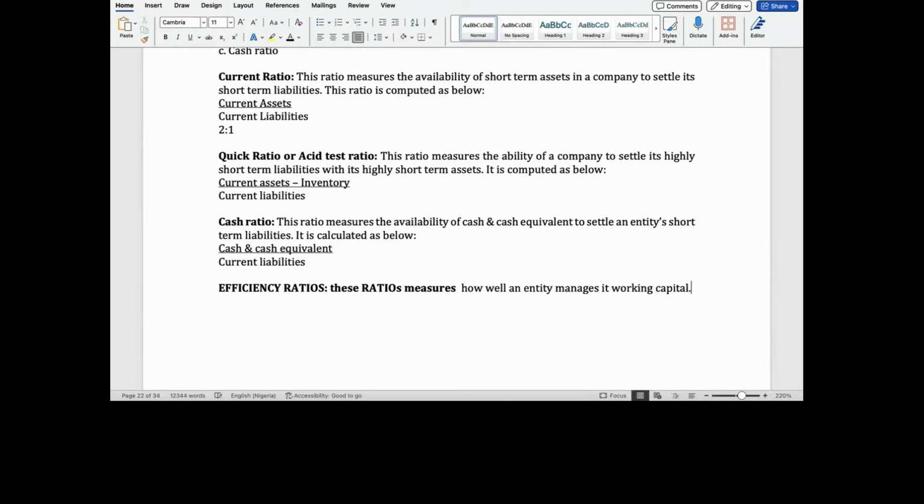So that's what this ratio looks at. How well are you managing your working capital? That's what the efficiency ratio looks at.